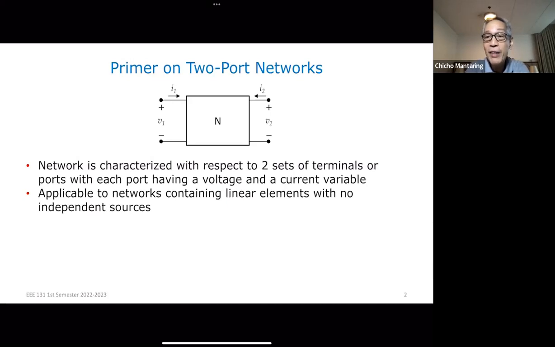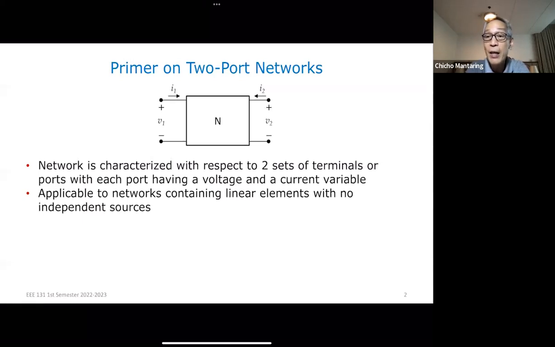Okay, your capacitor and your inductor are also linear elements. They're linear elements because the response of a capacitor or an inductor can be described by a linear differential equation. So those are also linear elements. The other linear elements are your linear sources.